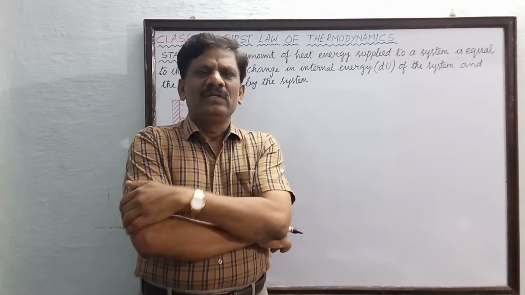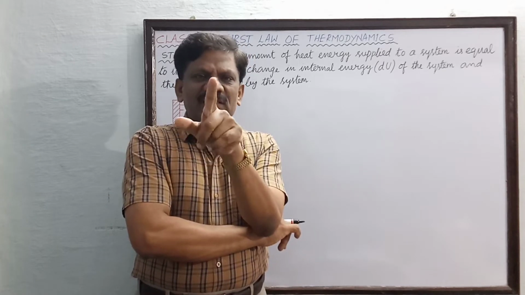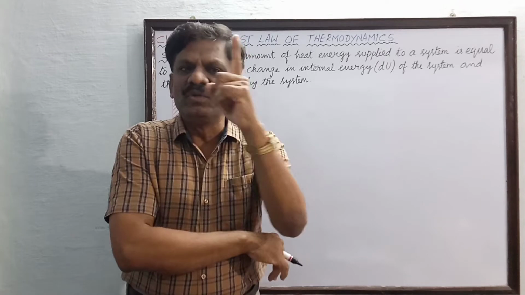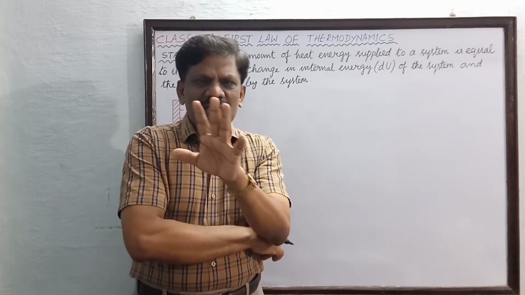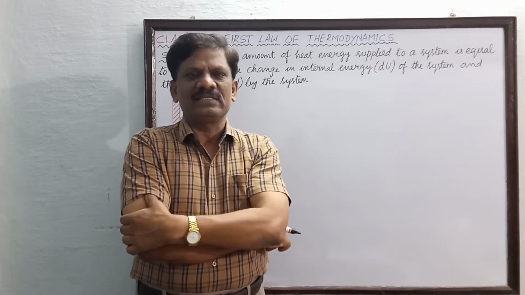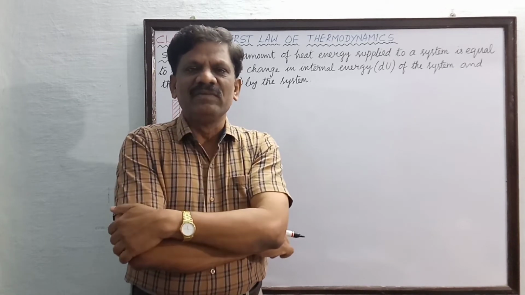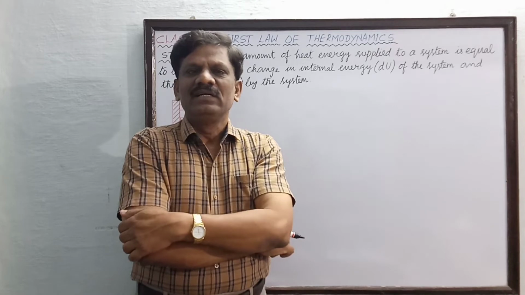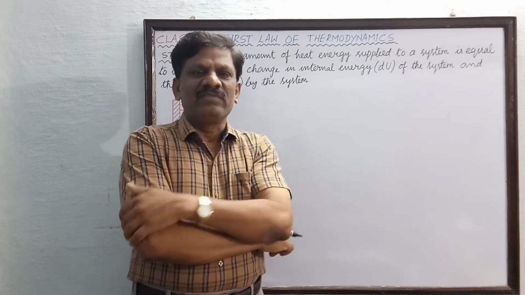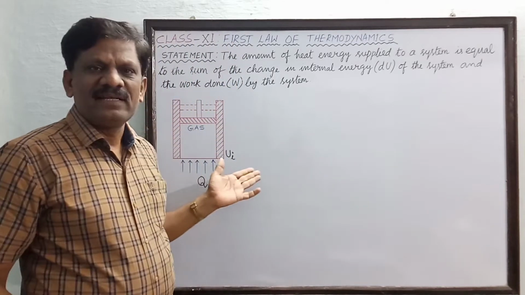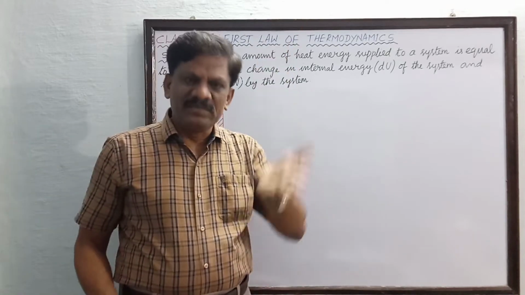Now immediately after this quantity of heat flows into the system, what changes may take place? The immediate change is that the temperature of the system will increase. Is it not? Because heat is flowing from the source through the base into the system.